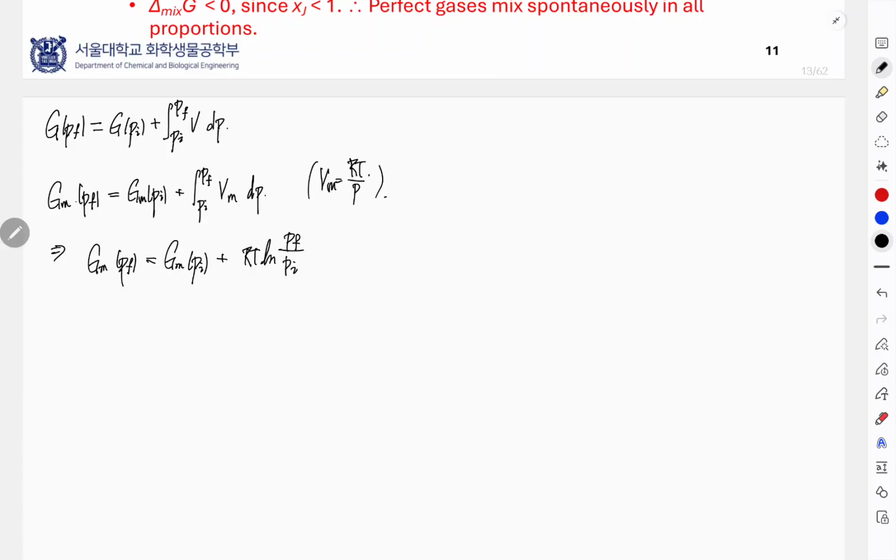And let's assume that the initial pressure was the standard pressure, p naught, which is 1 bar. This is just an assumption for simplification. And then let's say that we don't know the final pressure. So we are just going to write p final is equal to p. So we arrange this equation.